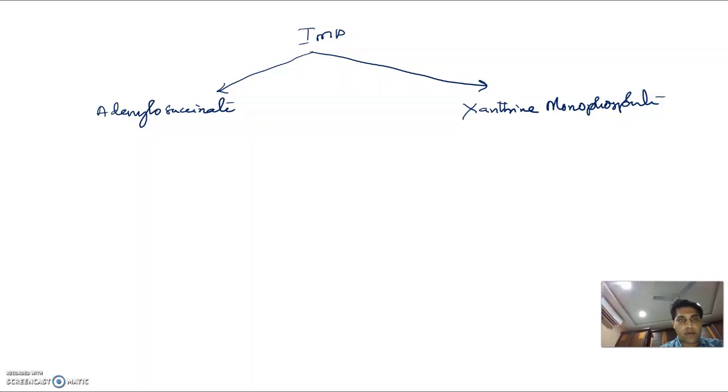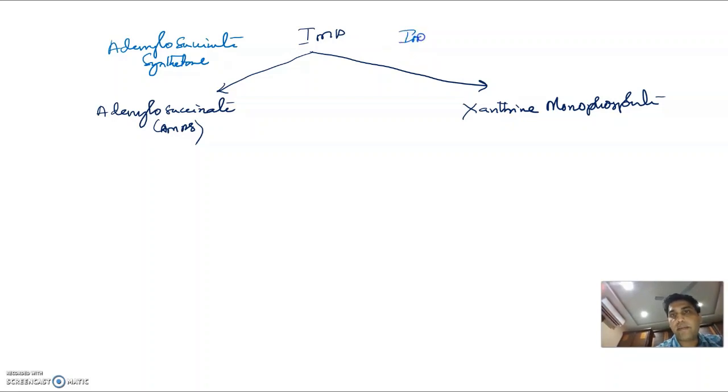The enzyme required for conversion of IMP to adenylosuccinate, or AMPS, is adenylosuccinate synthetase, whereas the enzyme here is IMP dehydrogenase.